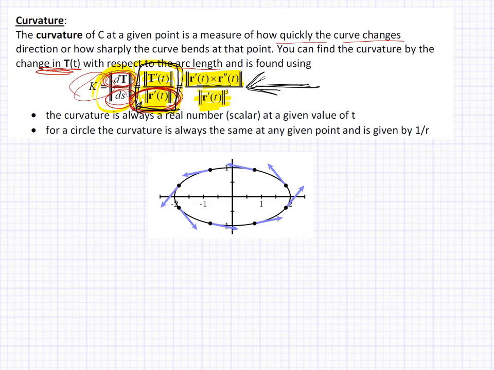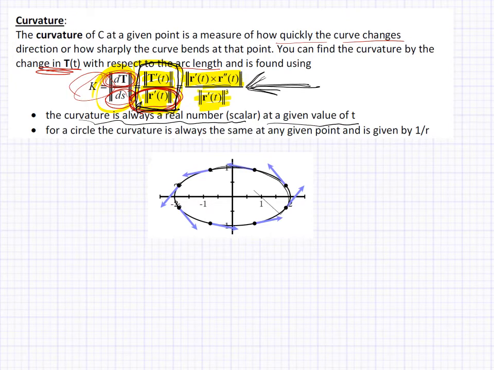A couple of things you need to know is that in the end, the curvature is always going to be a real number. It's going to be a scalar. It's going to be a constant at a given t value. The curvature for the entire curve itself may not necessarily be a constant. It may be a function of t, which just tells us that the curvature at each point will be different.